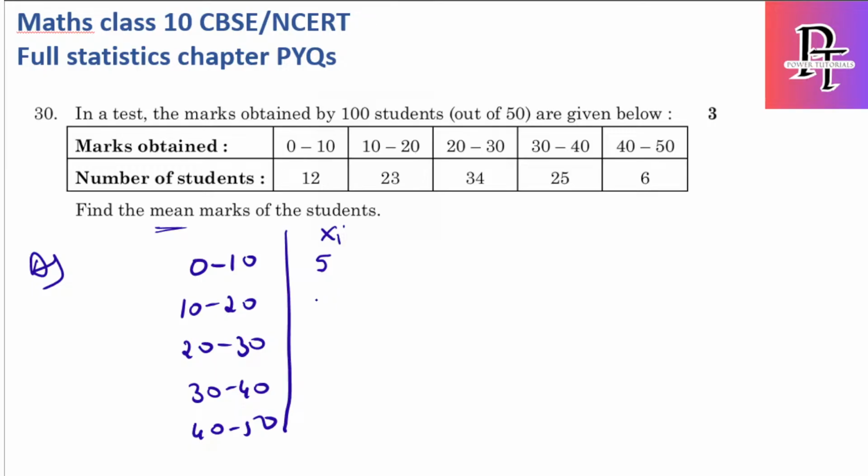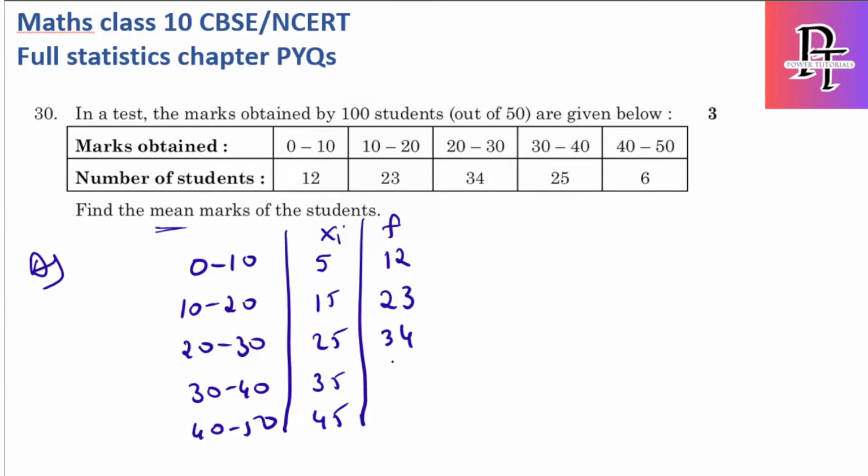So it will be 5, 15, 25, 35 and then 45. These are xi values, and then write the frequency values, which are 12, 23, 34, 25 and 6.